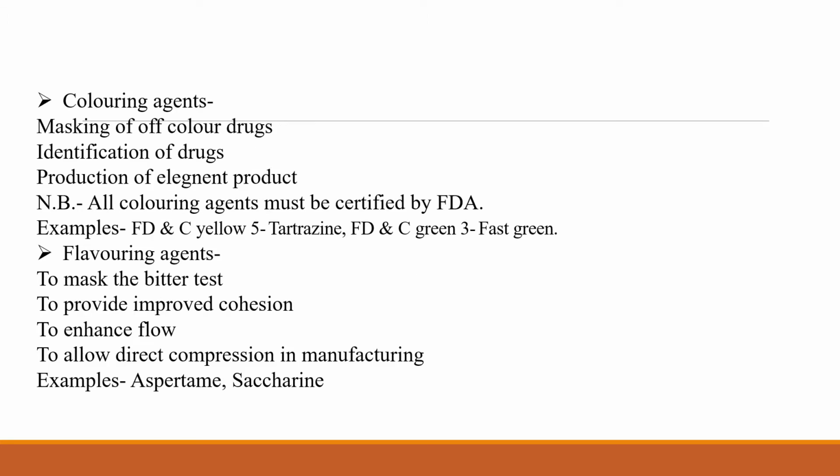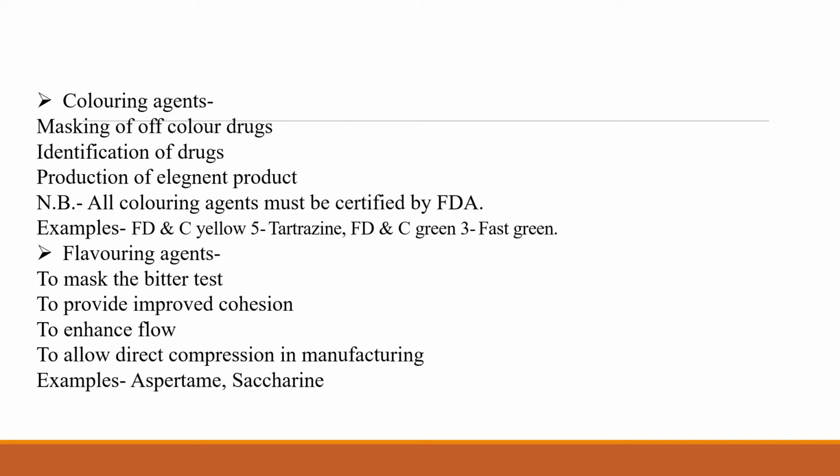Next, coming to coloring agents. What is the function of a coloring agent? It masks the color of drugs. In some drugs, the color is very bad, so it gives a good color. If many batches are manufactured in an industry, we need to identify the drug, so identification of drugs is necessary, and coloring agents can be used.